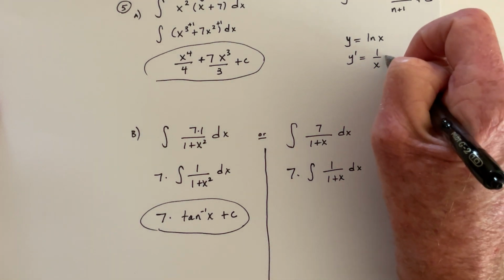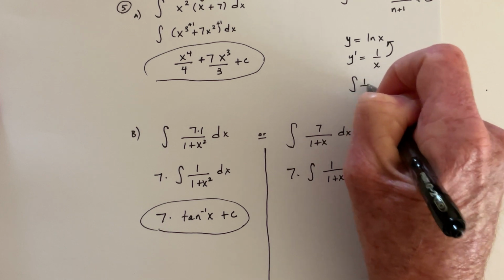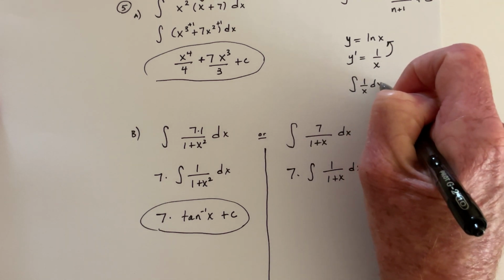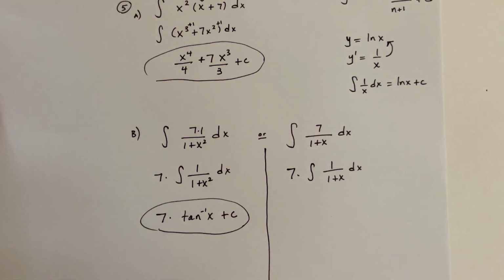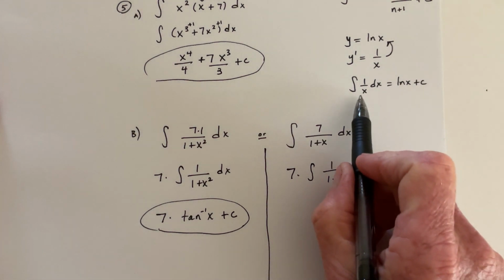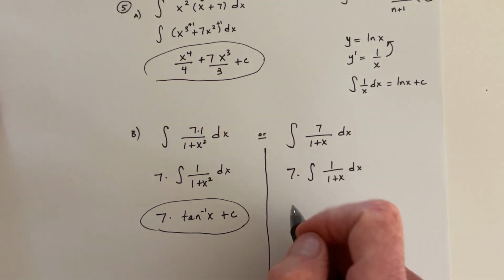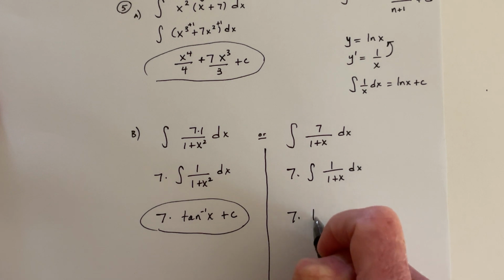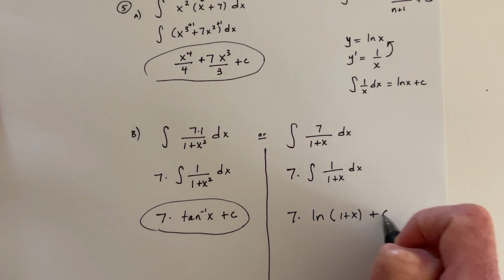That means if you're going backwards, which is what the antiderivative does, the integral of 1 over x equals the natural log of x plus c. And then that's how this one is done, except that's not just an x, it's a 1 plus x, so that should be a 1 plus x. So the 7 stays there, and then it's going to be the natural log of 1 plus x, and then put a plus c.